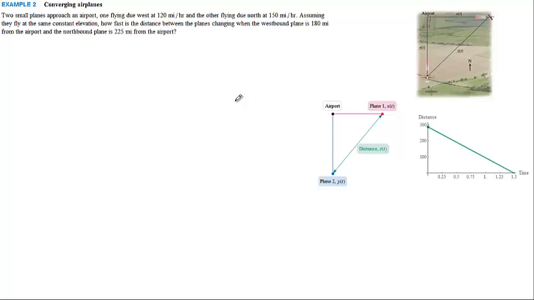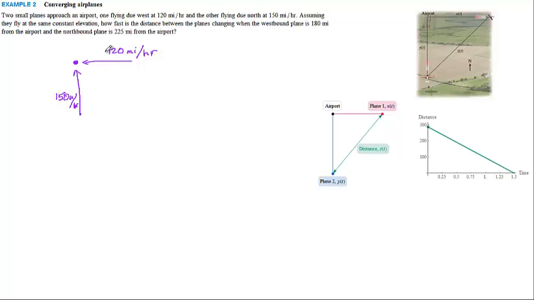Once again, they have a nice little picture here. I'm probably going to draw my own, but I put these up here for you. Two small planes are approaching an airport. Here's my airport. One's flying due west, so he's going this way at 120 miles per hour. The other one is headed due north, 150 miles per hour.